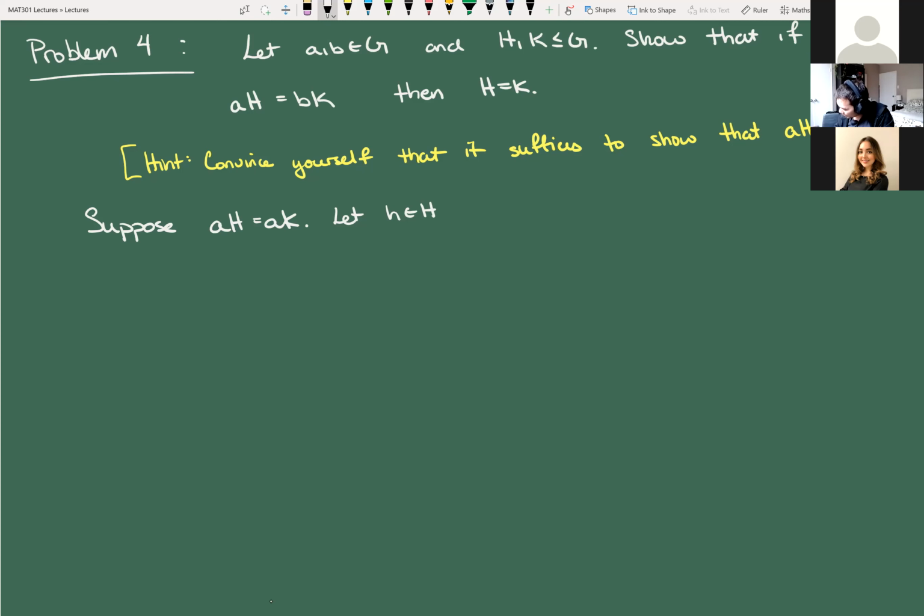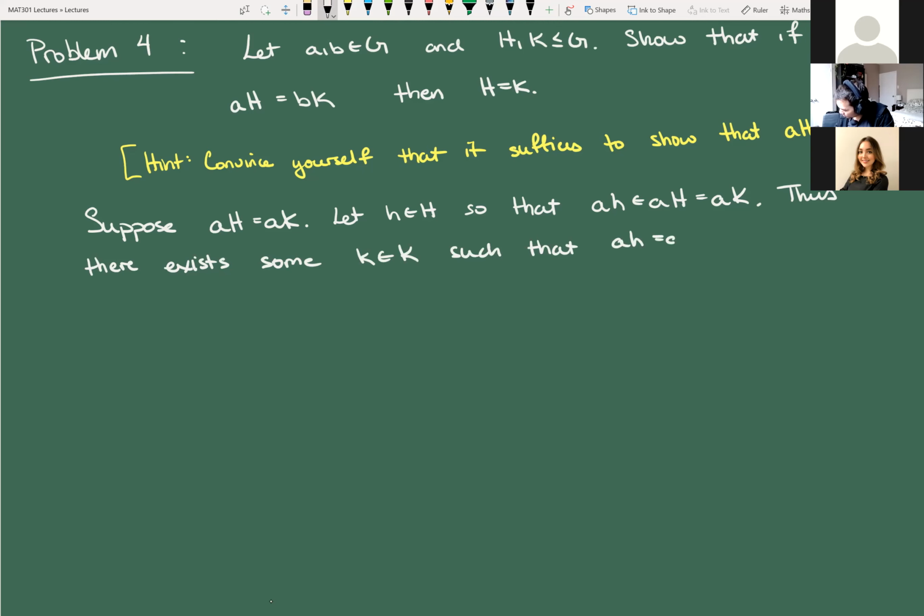Let's show that this element is also in K. So little h is in H, so that A little h is in AH, and that is equal to AK by assumption. So that means there must exist some k in K such that Ah equals Ak.